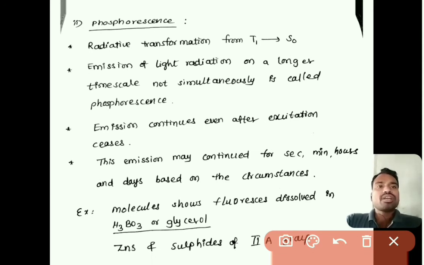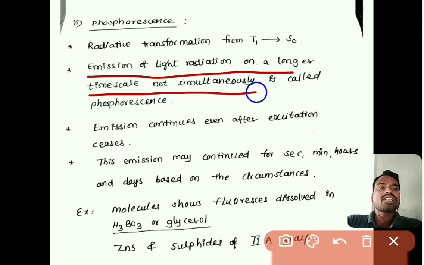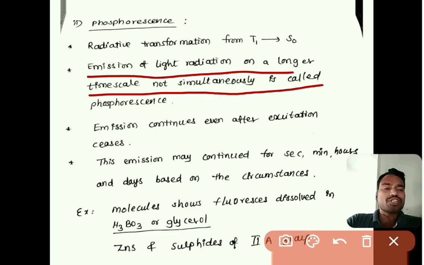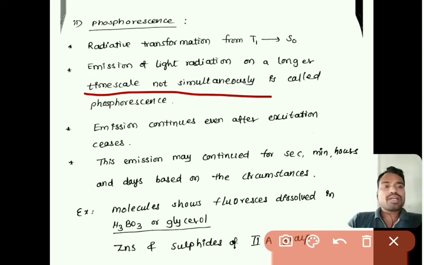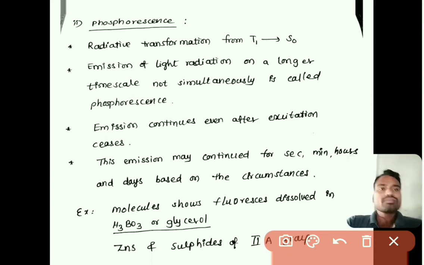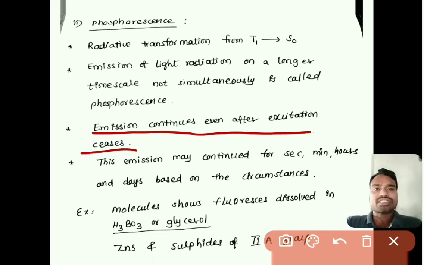So emission of light radiation on a longer time scale, not simultaneously, is called phosphorescence, because of the spin multiplicity change. So that is called phosphorescence.